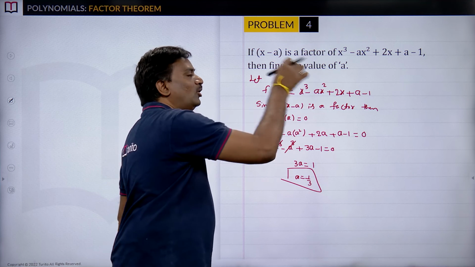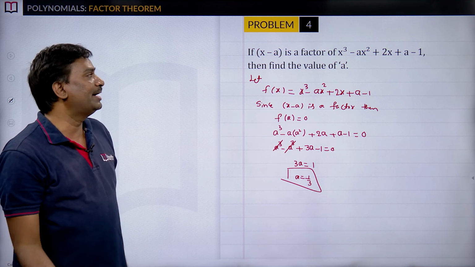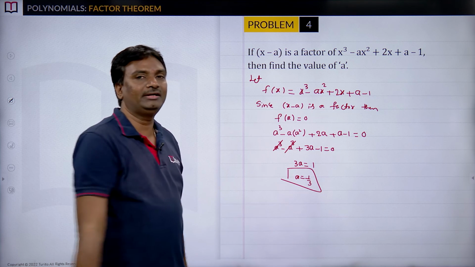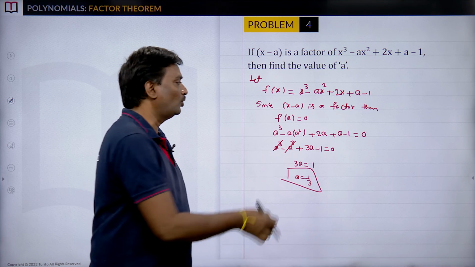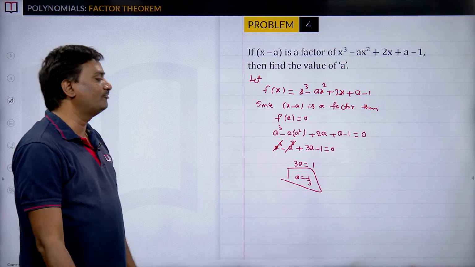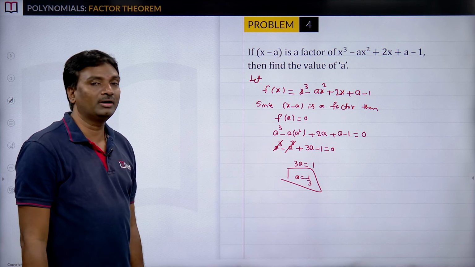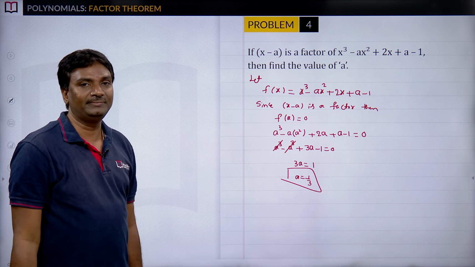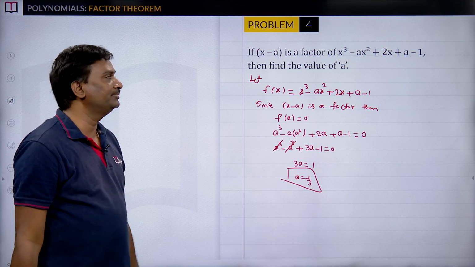So take this polynomial as f of x. Since x minus a is a factor, then you can take x equal to a, that is f of a equal to 0. In place of x, by substituting a, and after simplification, we got the value of a is 1 by 3. So hope you understood this.